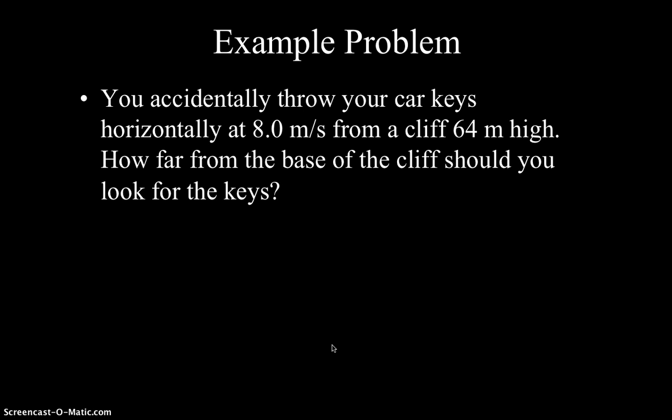will be different. Okay, so you see over here, the 8.0 meters per second, that in itself is not the vertical motion. This is horizontal, as it says right here, horizontally at 8.0 meters per second. So this is how fast it's moving horizontally. Whereas the vertical motion starts off here from a cliff 64 meters high.